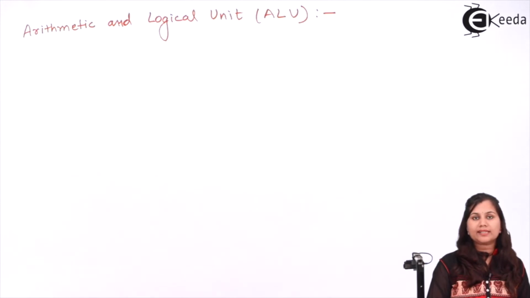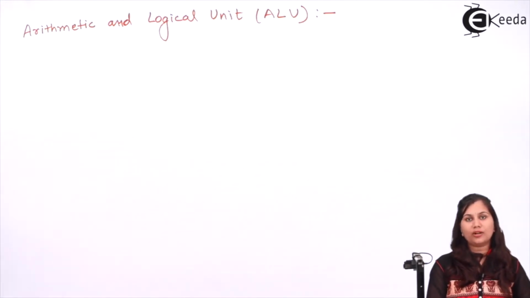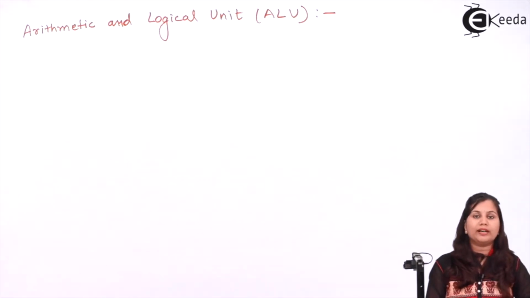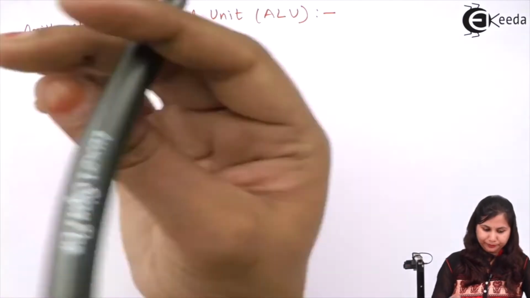In computers, the ALU performs arithmetic and logical operations. Here also the function is the same. In the microprocessor, the ALU performs the arithmetic and logical operations on the binary data which the microprocessor gets as input.